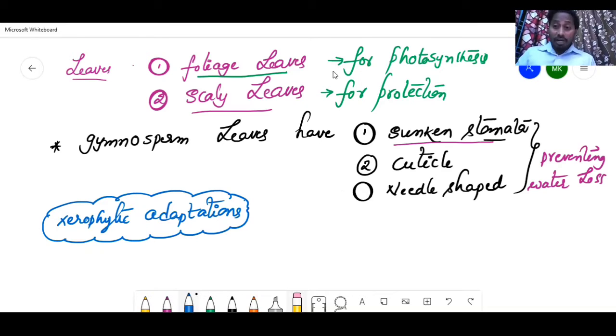So, in order to prevent water loss, they modified themselves like this, having sunken stomata, having cuticle, and the leaves in some plants are needle shaped. So this is about the leaf.